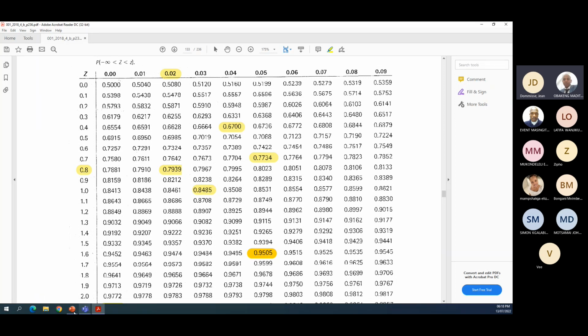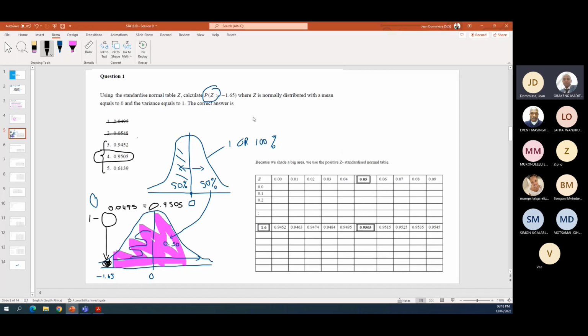And why I can do that is because one of the rules is that I'm working with a normal distribution. A normal distribution is symmetrical. So if I have -1, and this is a lot to take in, so don't worry if it sounds difficult at the moment. We'll sort out that you do understand by the end of the study unit.